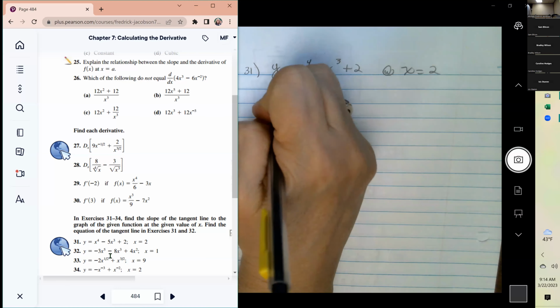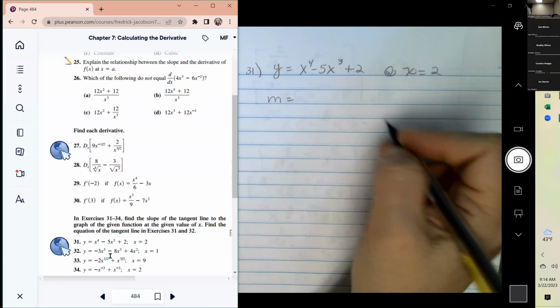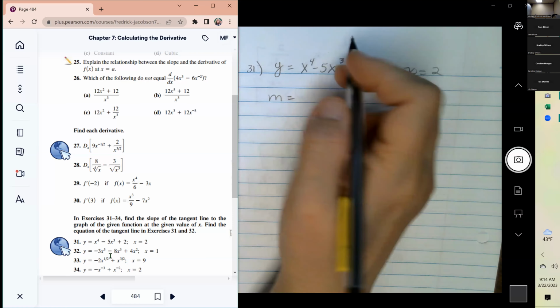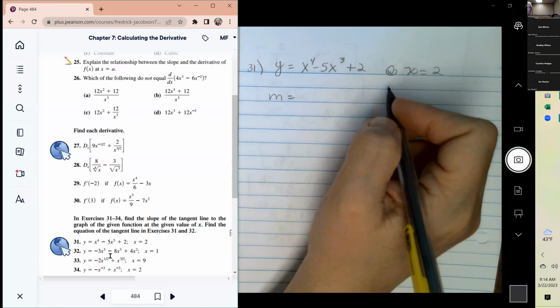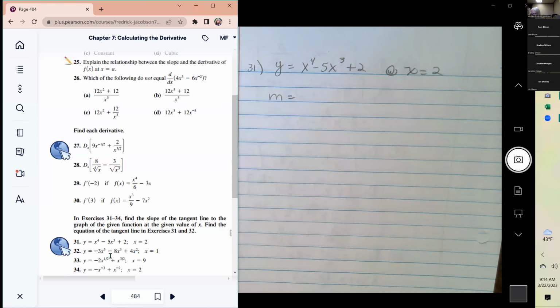So the slope of the tangent line is the derivative. And you should be able to take the derivative, especially right now, you've only learned the basic ones. So you need to be able to take the derivative quickly so that you can do the story problems.